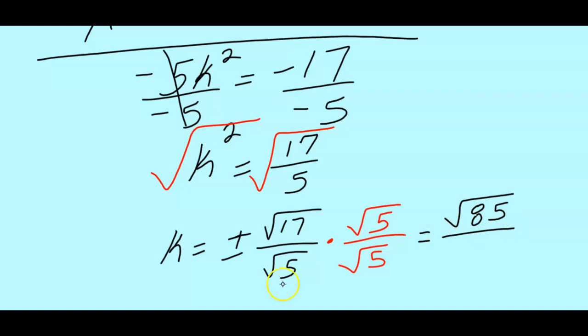And then when I do the square root of 5 times the square root of 5, I get the square root of 25, which is just the number 5. 85 does not have any perfect squares in it. If you make a factor tree, you'll find that there are no perfect squares in it. There are no pairs of numbers. So your final answer is just plus or minus square root of 85 over 5.